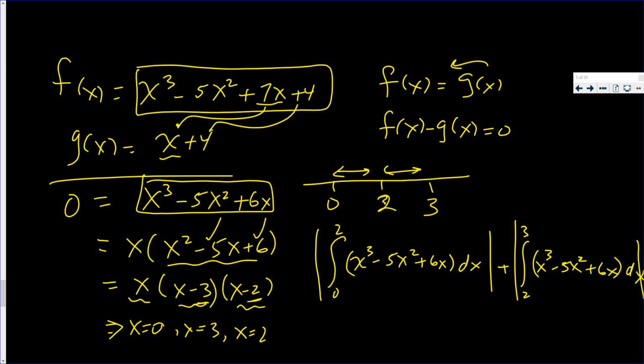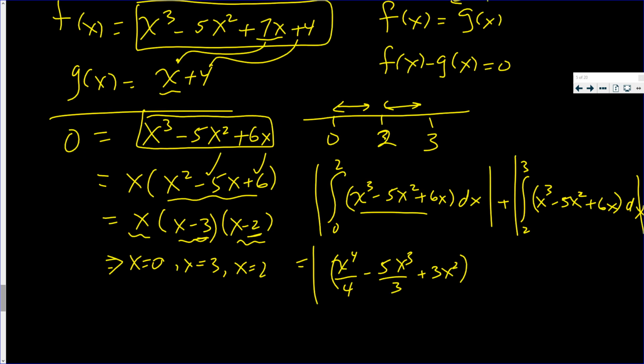Okay, so this is going to equal, the integral of that is x to the 4 over 4 minus 5x cubed over 3 plus 3x squared. And this goes from 0 to 2. In case it's negative, take absolute value.